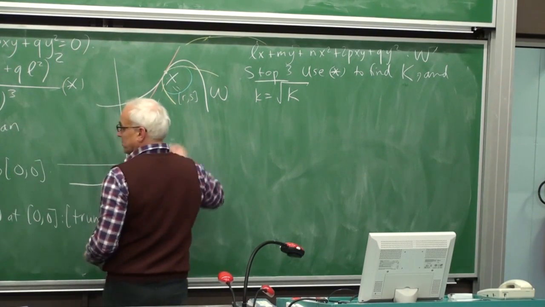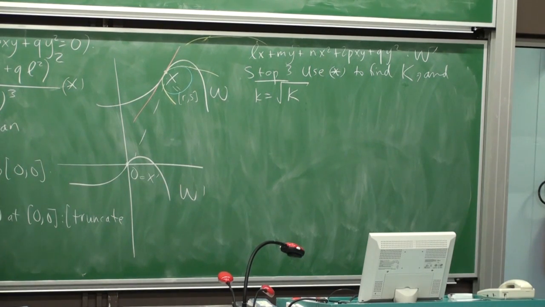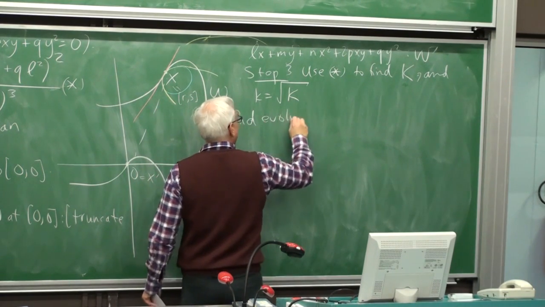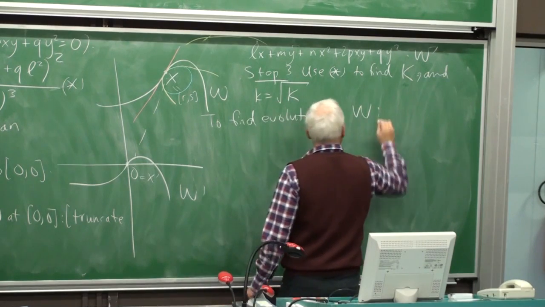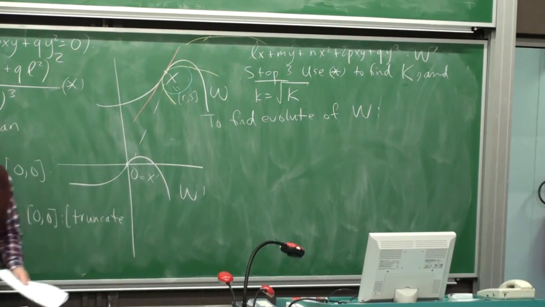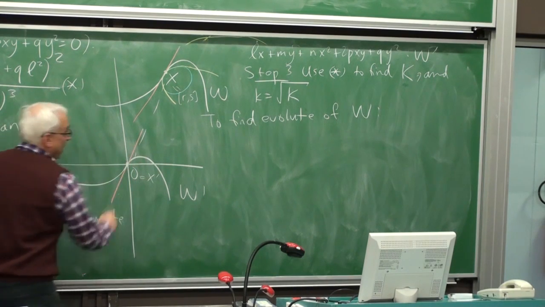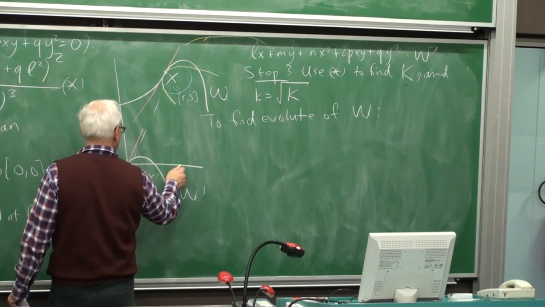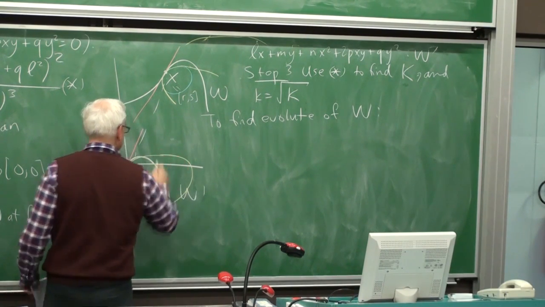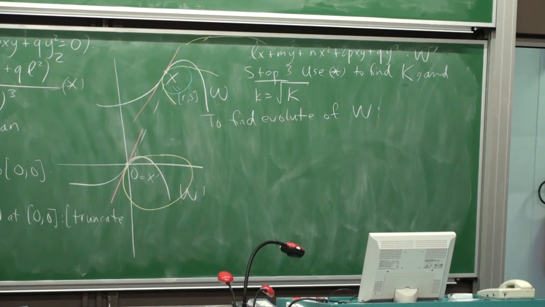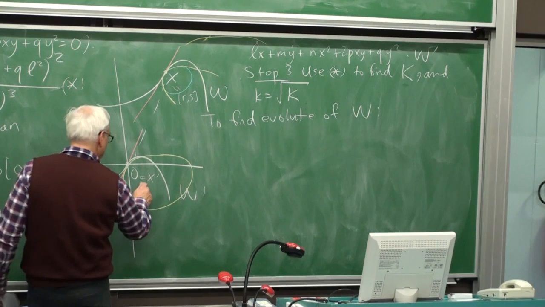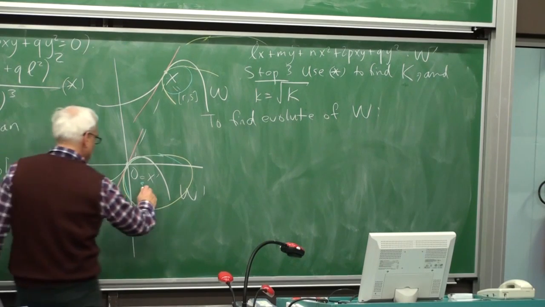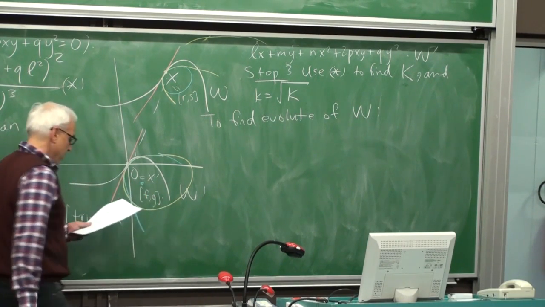How about for finding the evolute? So that was to find the curvature. To find the evolute of the original curve W, we're going down here. We found our tangent conic. We're going to find the focus of the corresponding normal parabola, and I remind you that's our FG. How do we do that?